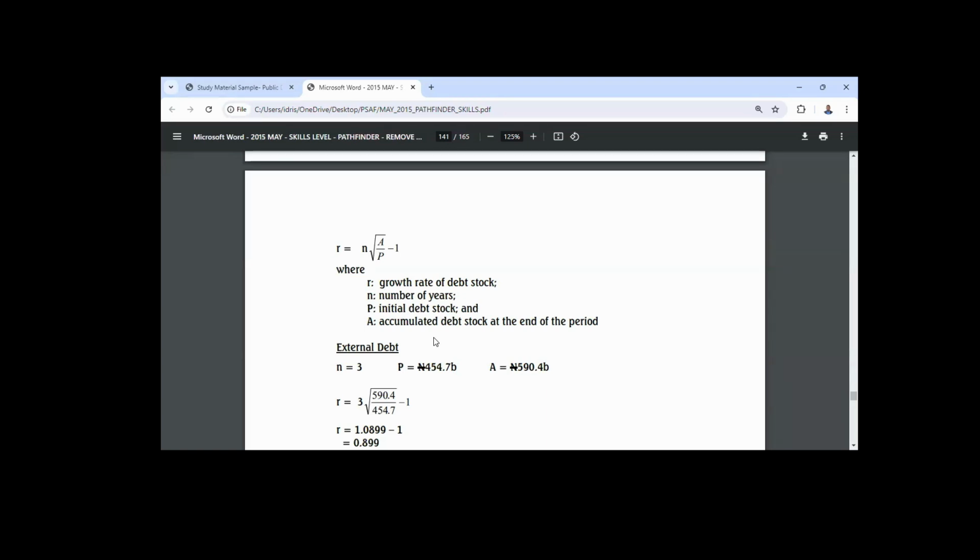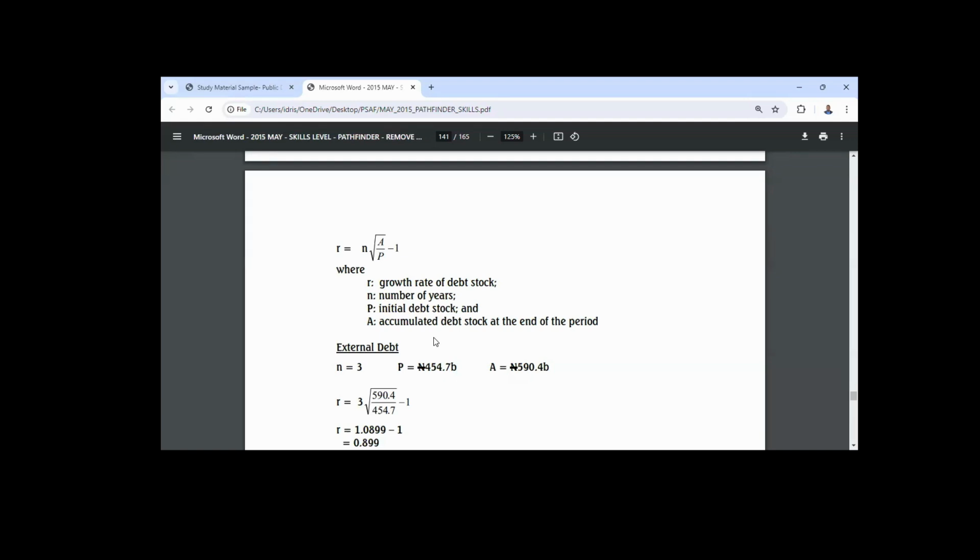So N is the number of years. For P, the initial debt, that means the debt at the beginning of the period. Which year is the beginning of the period? 2011 is the beginning of the period.